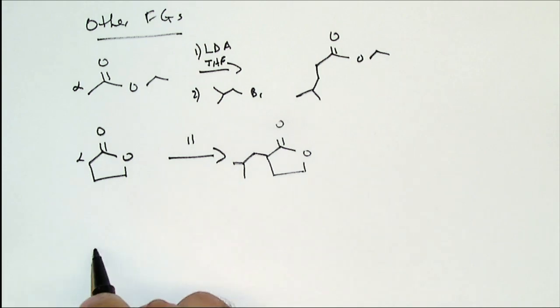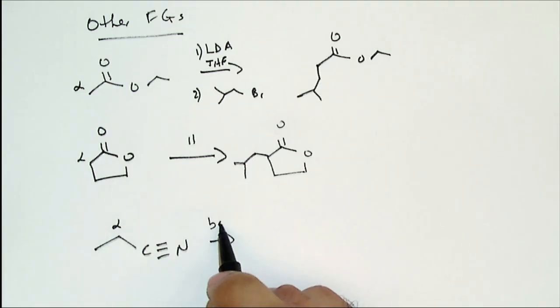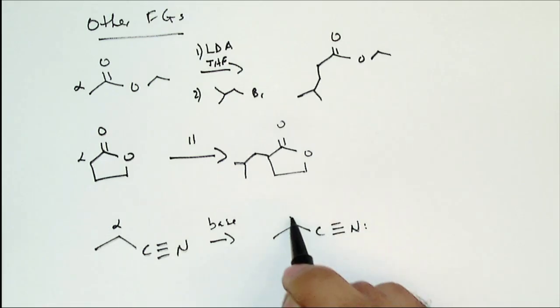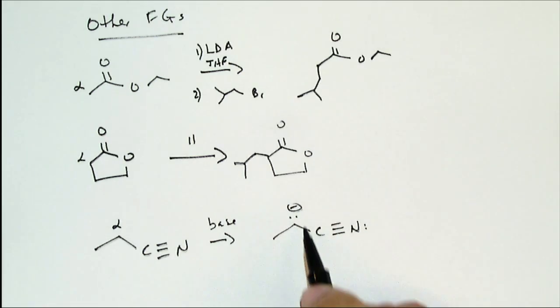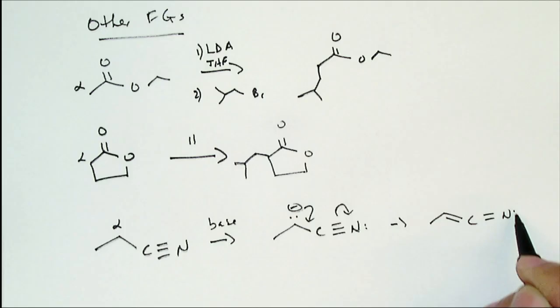Now, I could also have, for example, a nitrile. So nitrile is just like your carbonyl. That is the alpha position. Because if I were to treat this with a base and get here, this can form a resonance structure with that carbon this way. And so what you have is here this type of situation with a minus charge there.